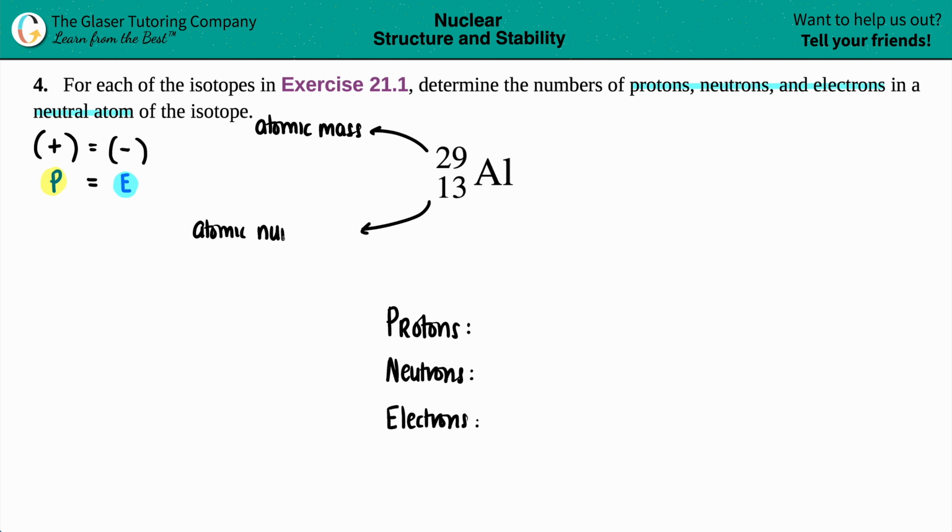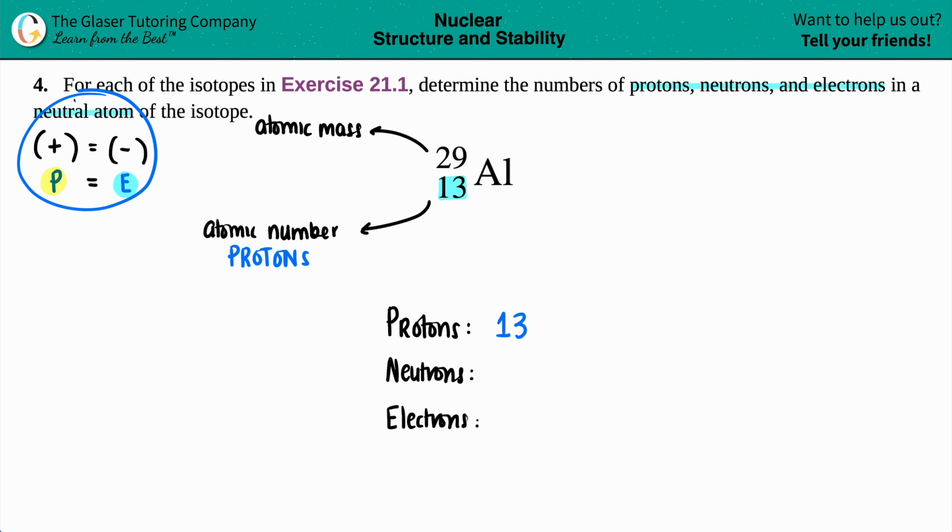Now, the smaller number, which is specific for each individual element, the atomic number, is always the number of just protons. So in this case, they give us a 13, right? So that means that this aluminum will always have 13 protons.